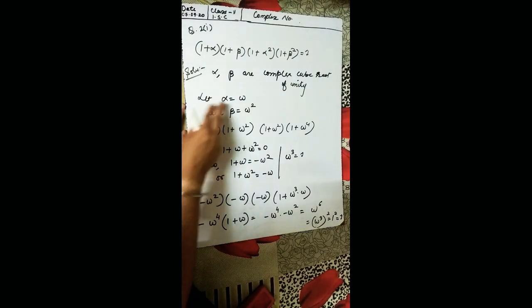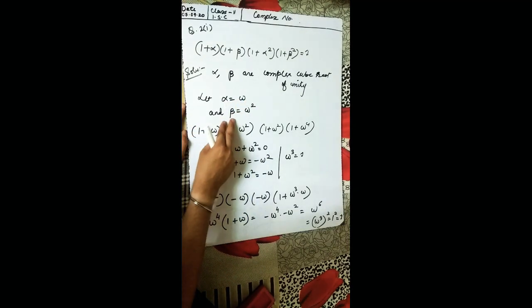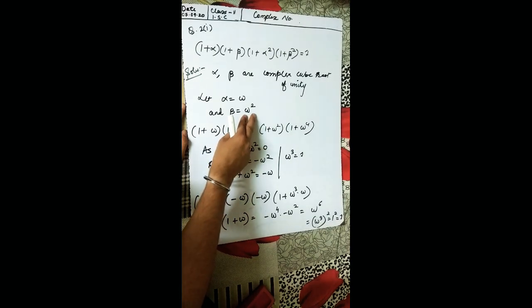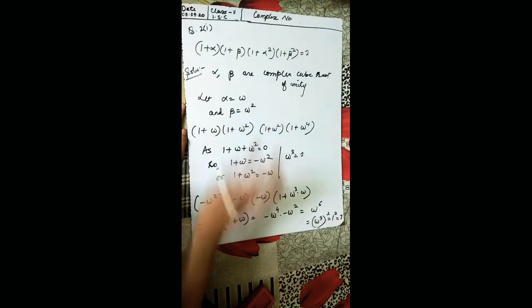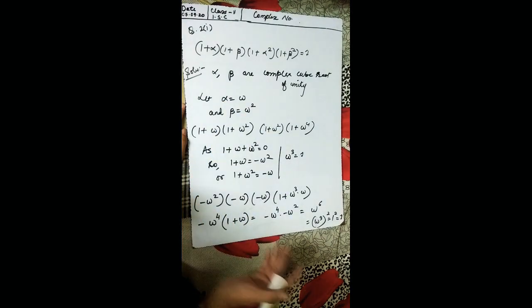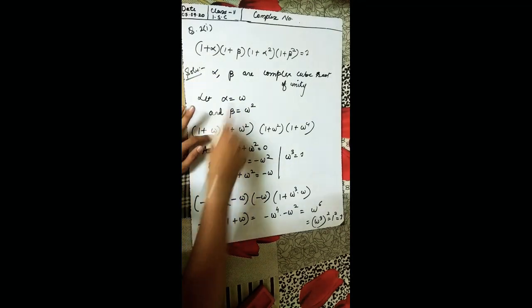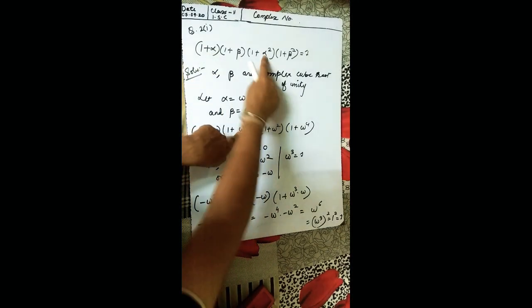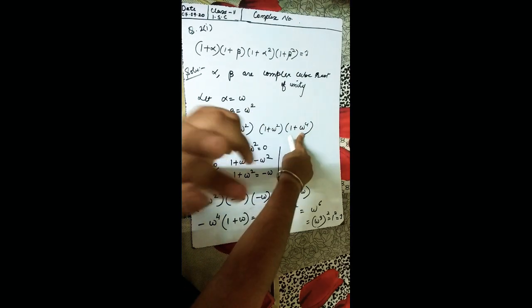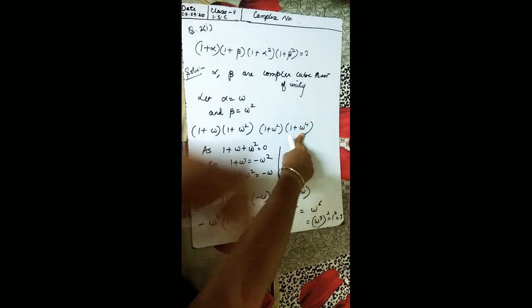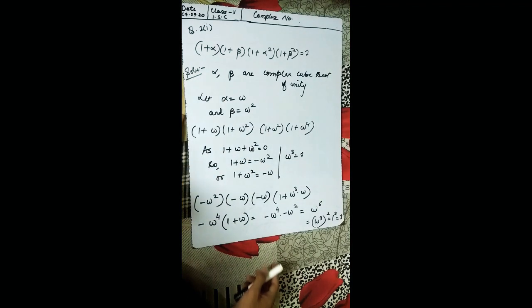So let us consider alpha is equal to omega. What will be beta in terms of omega? It will be omega square. Or if you consider beta equal to omega, then alpha will be omega square, vice versa. Okay, so this will be alpha square, and this will be omega square, which will be omega to the power 4.